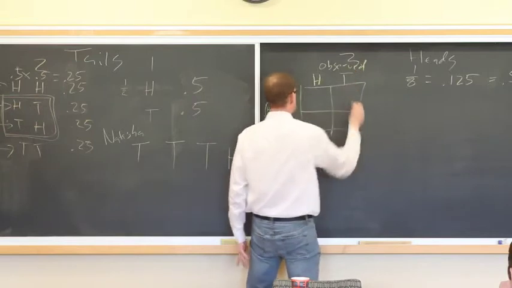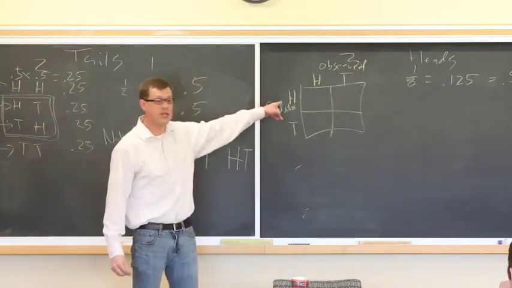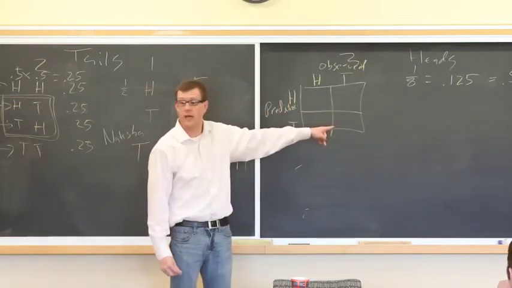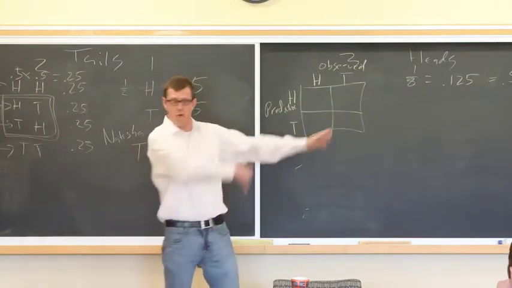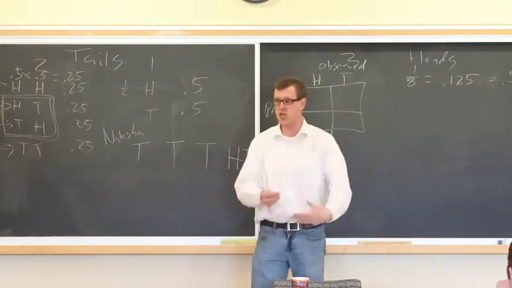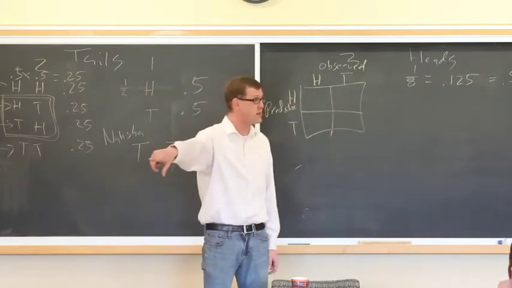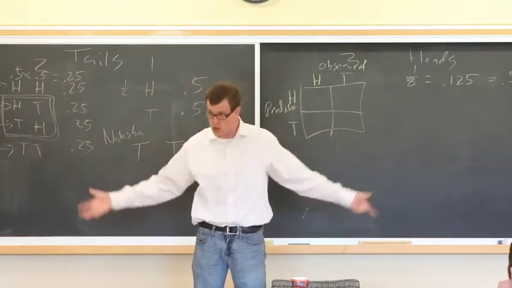Heads, tails. So it could be heads and she said heads, it could be tails and she said tails, it could be heads and she got it wrong, it could be tails and she got it wrong. There are 4 potential combinations because there are 2 things that she can say, and there are also 2 ways that the coin can flip.